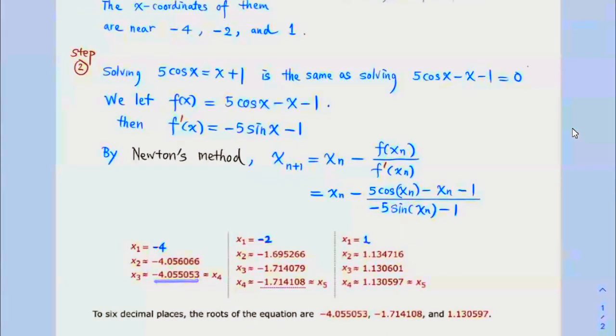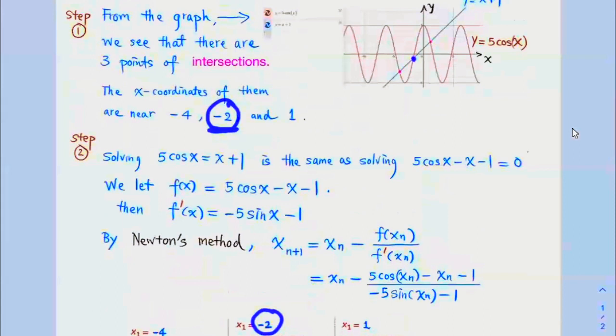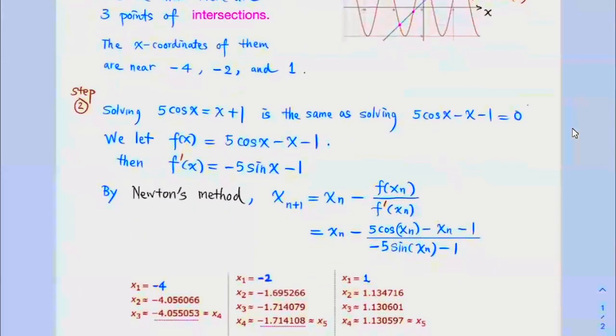Similarly, the second approximation for this root is -2, and we just go through Newton's method using the formula here. Again, we come up with this. x4 and x5 agree at 6 decimal places, so I stop.